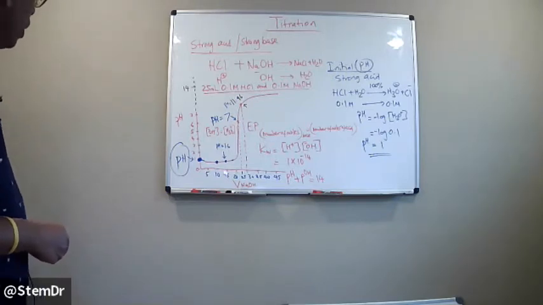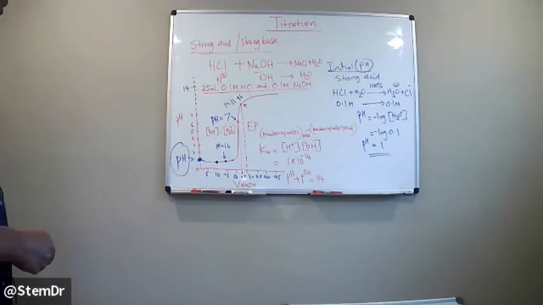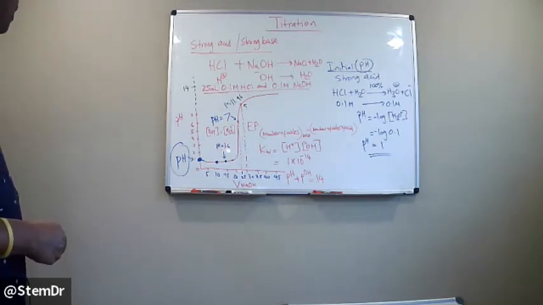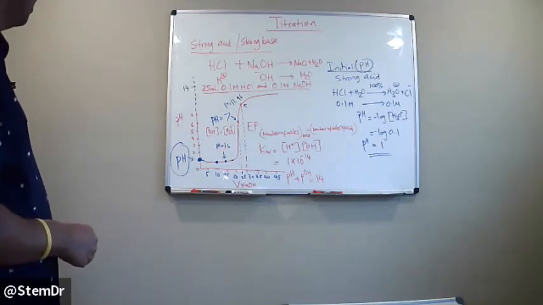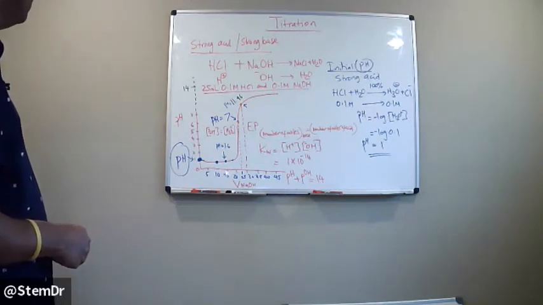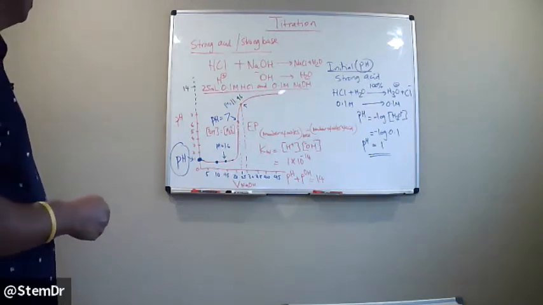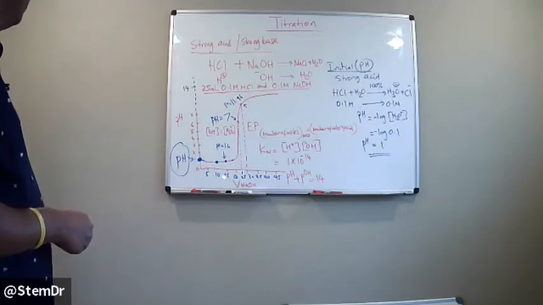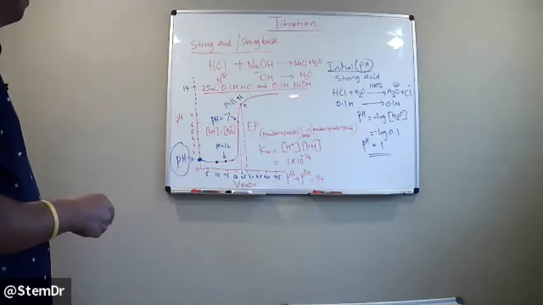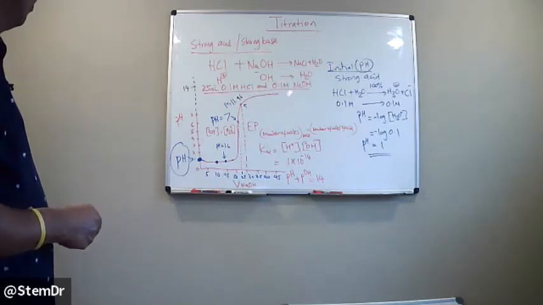How about when you are not adding 25, but only 15 ml? The pH says it's 1.6. I'll show you with a demonstration of a calculation how 1.6 is obtained. So here, after adding 15 ml, how many millimoles have you added? 15 ml times 0.1 molar would give you 1.5 millimole.